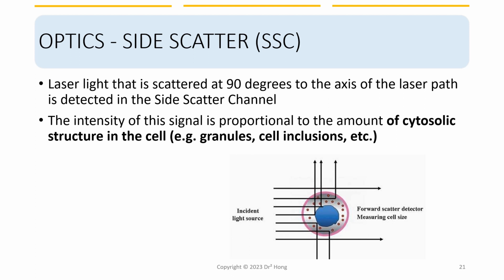Now, together, the forward scatter and side scatter measurements provide information about the size, shape, and internal complexity of the cell in a sample. And by analyzing these measurements, clinicians and researchers can tell and differentiate the types of cells, such as different immune cell populations, bacteria, or cancer cells.